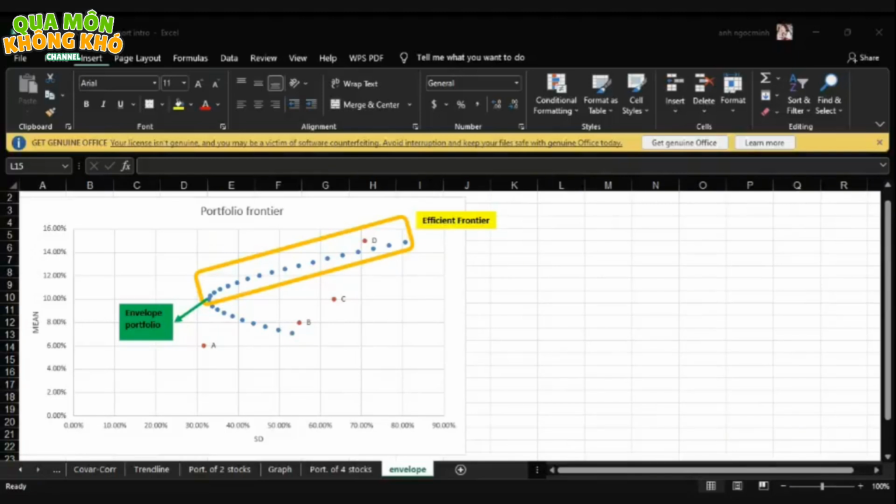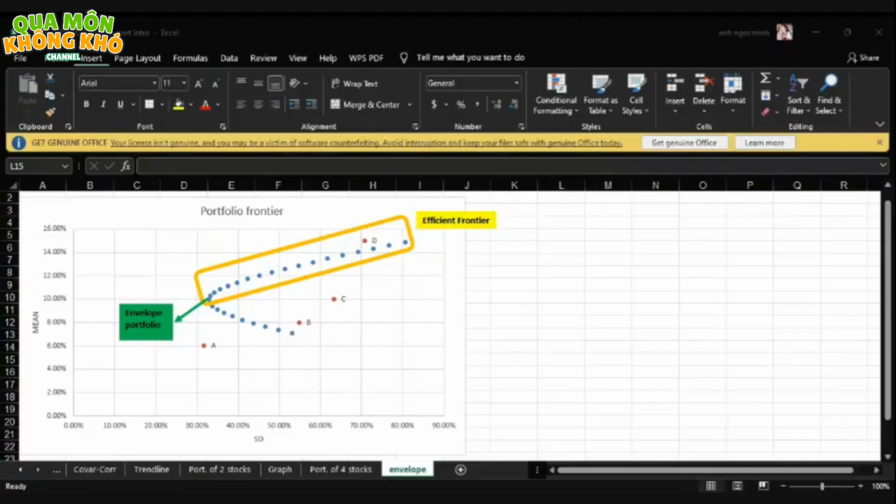You mean why stock A falls outside the curve? Yep. So for example, you have the portfolio N with the weights 100%, 0, 0, 0. This portfolio would be inside the envelope, because the envelope is the limit on the possible portfolios we can create.